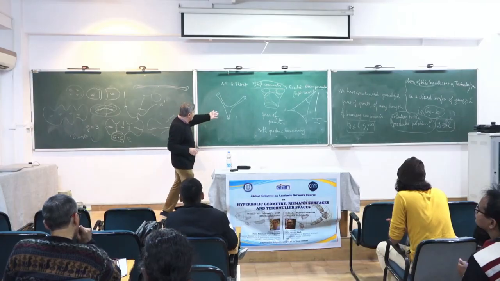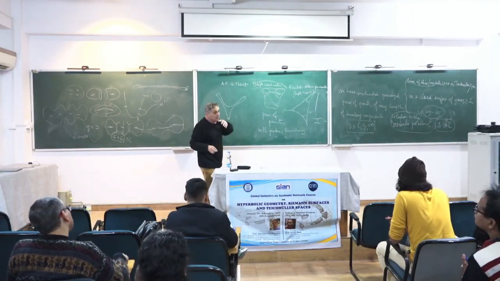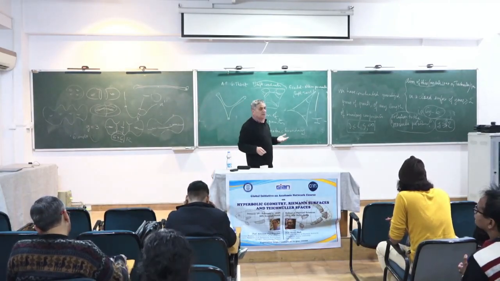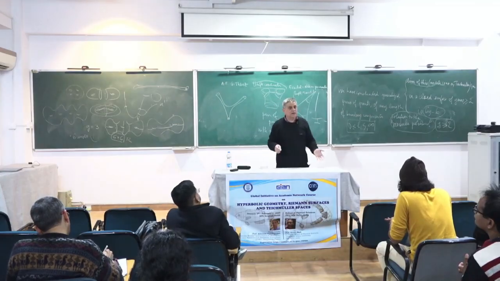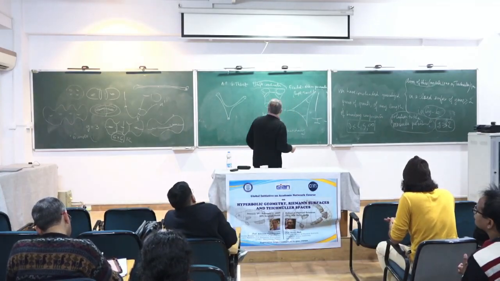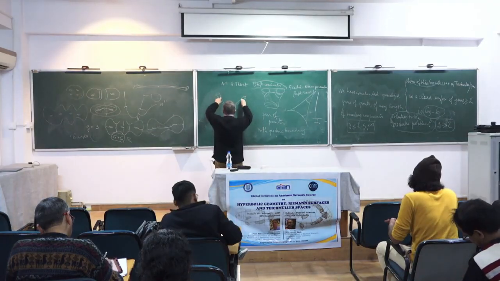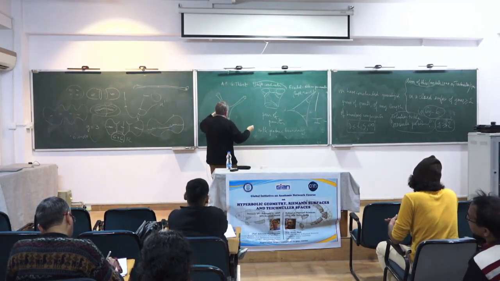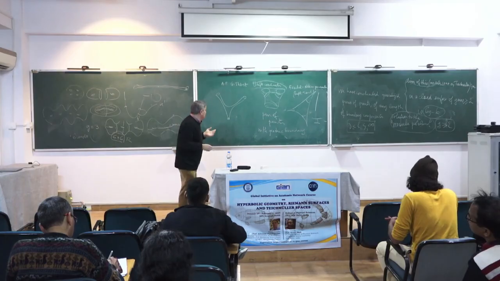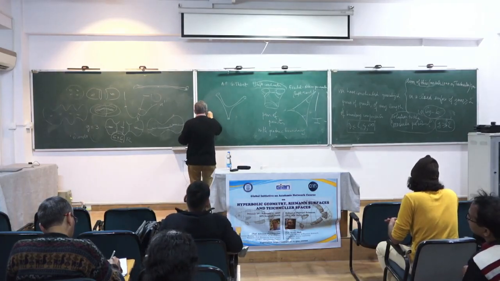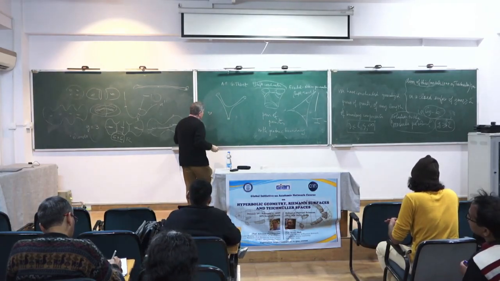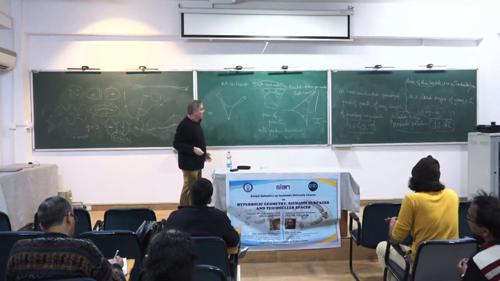Since this pair of pants is a union of two ideal triangles, its area is necessarily 2 pi. So when I make these very small, then there should be lines which are large, because I cannot draw it like this. This is not a pair of pants, because the area must be 2 pi.